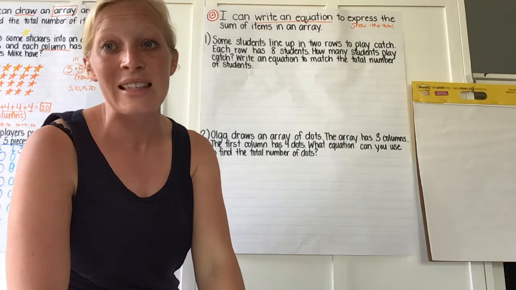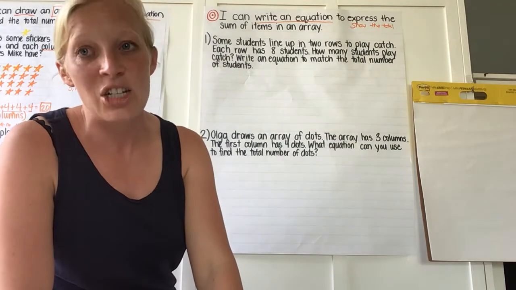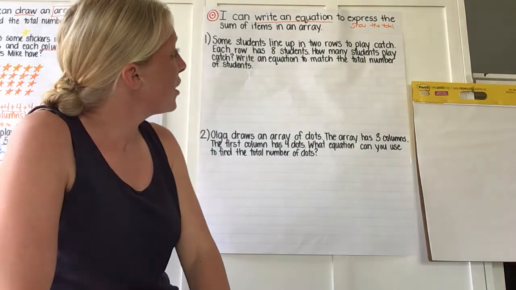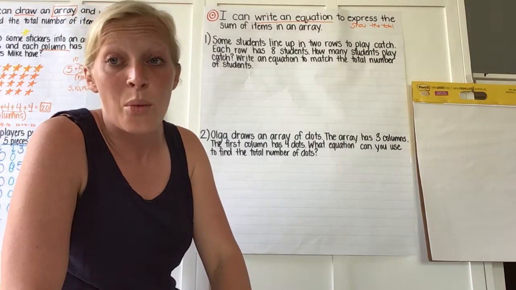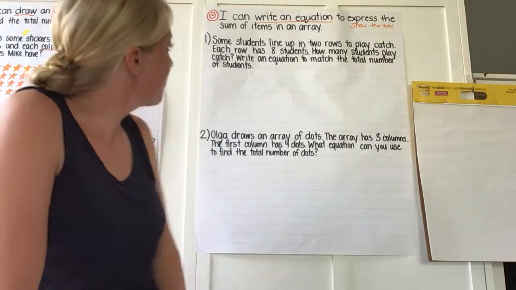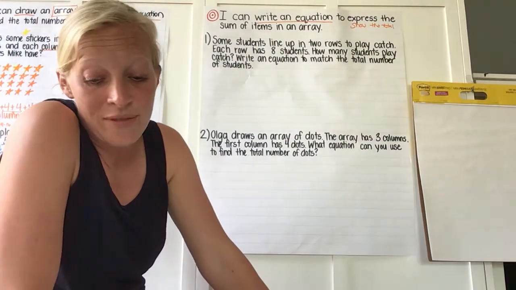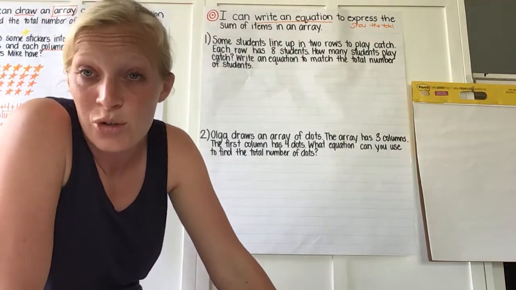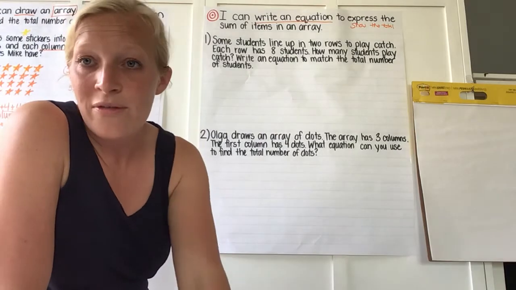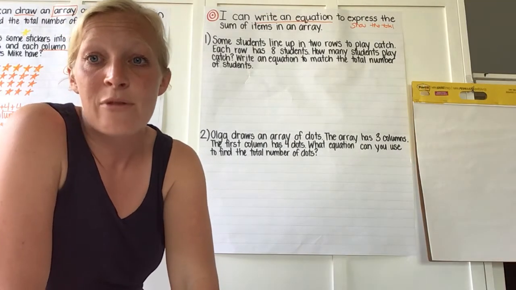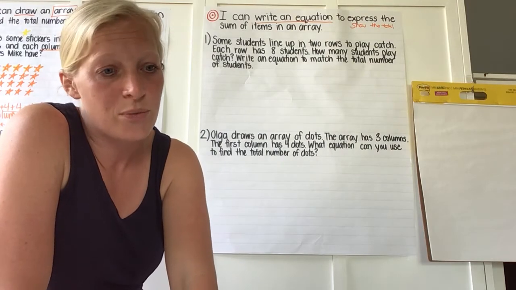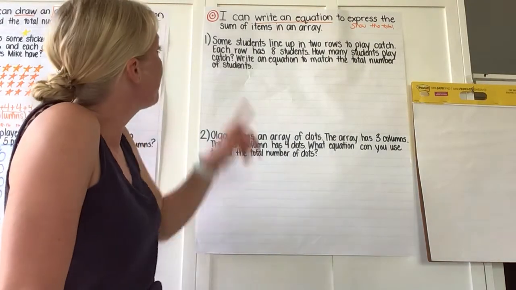Remember, the sum is the answer to an addition problem. So we're going to find that sum or the total of those items in the arrays that we can see. Okay? Again, this first problem you may find yourself drawing. In fact, I'll probably draw what we find on here and make that connection to the equation before we solve our next problem. So you may always start with that if you need to.